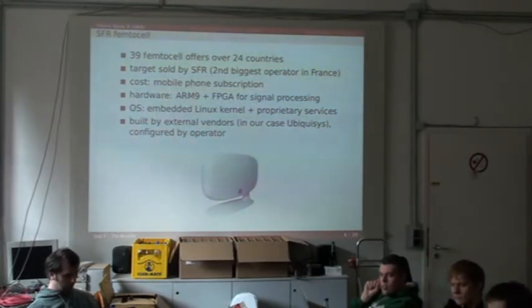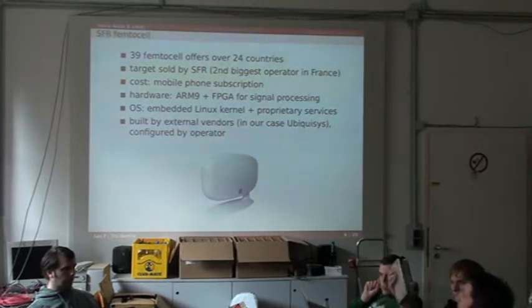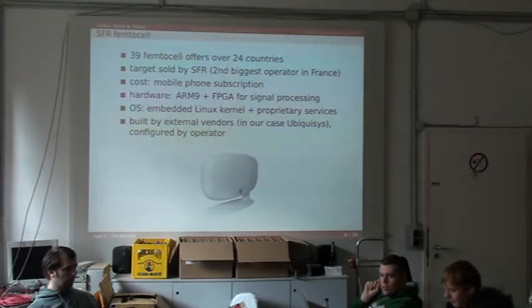Here we have one from Avea, the Turkish operator. I don't have the one from Vodafone UK anymore, I just gave it to someone. This is from Greece, so Vodafone Greece.